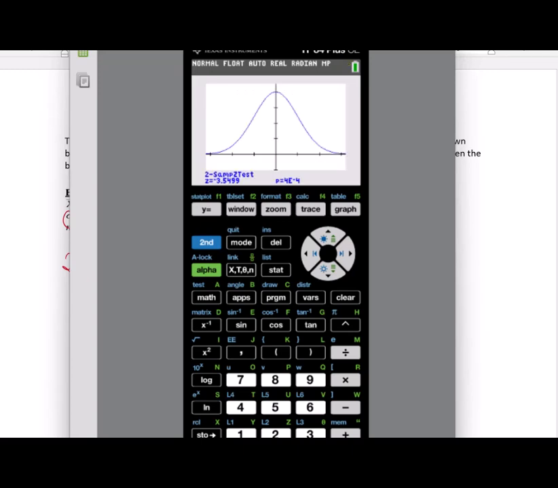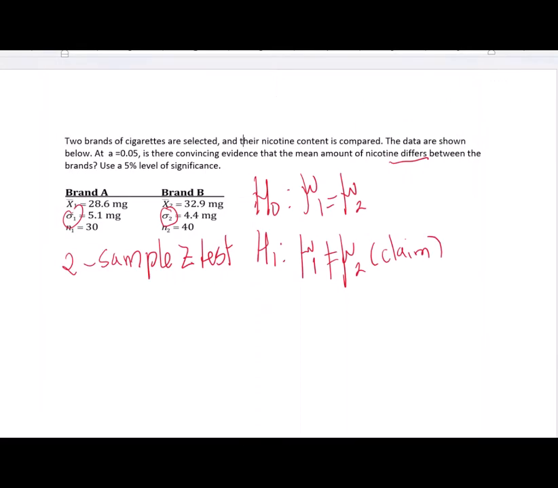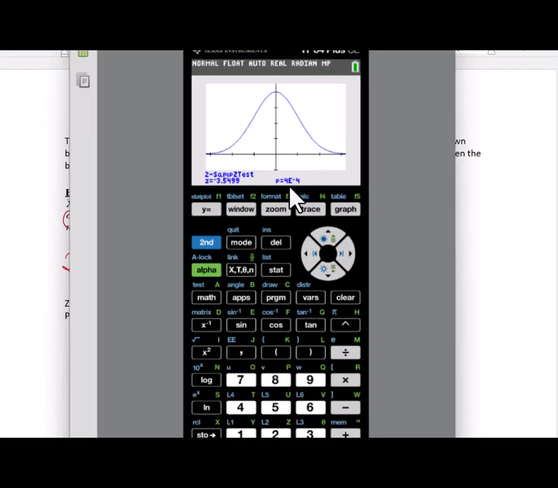Okay, so the test statistic Z is negative 3.55, and the p-value is 4e minus 4. Let's write it down and then I'll explain that to you. So Z is negative 3.55 and the p-value is 4e minus 4, which means almost 0.